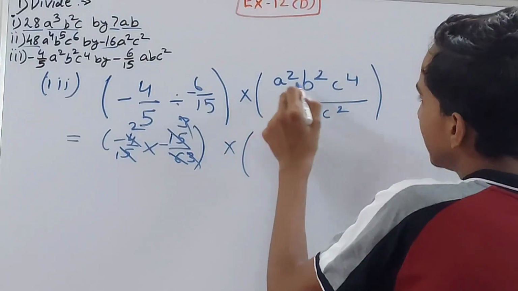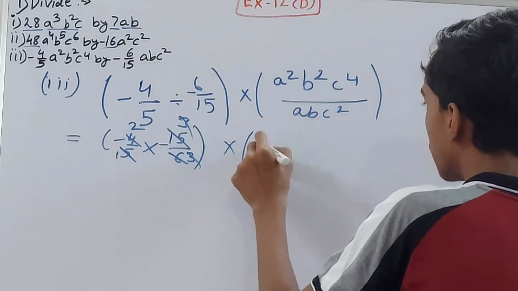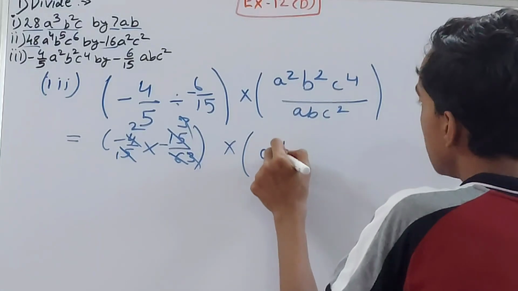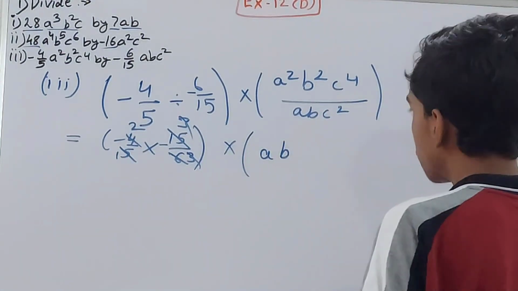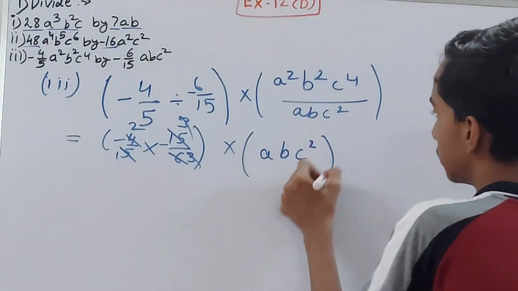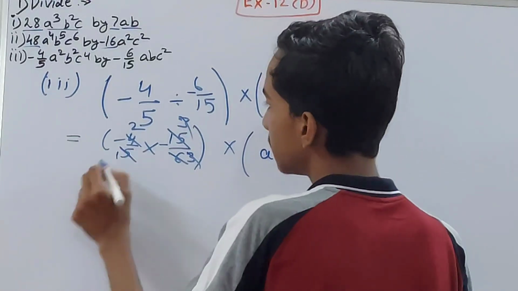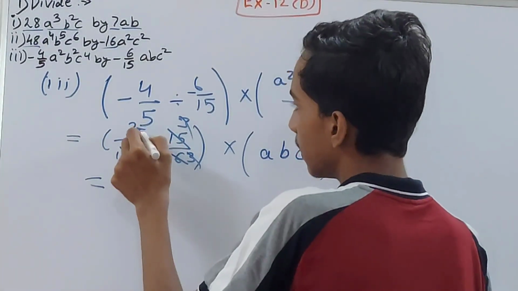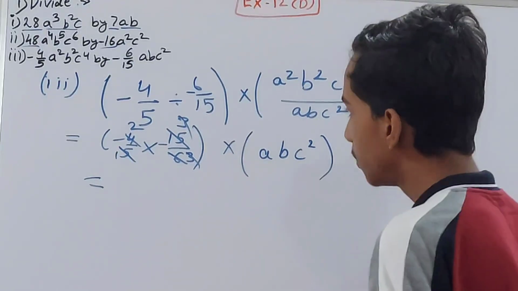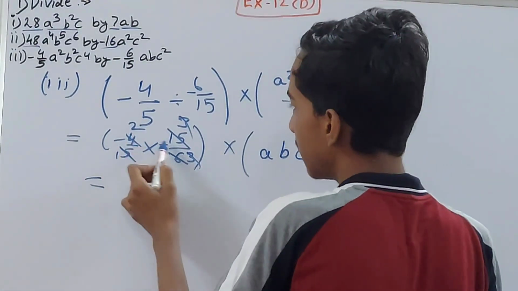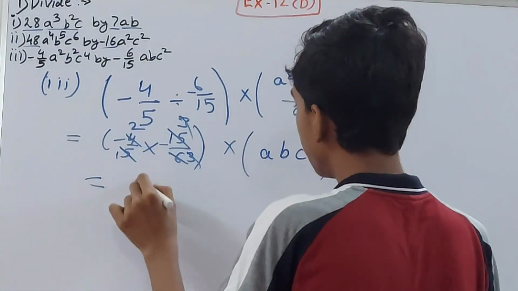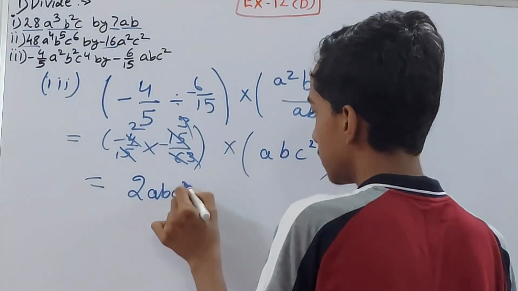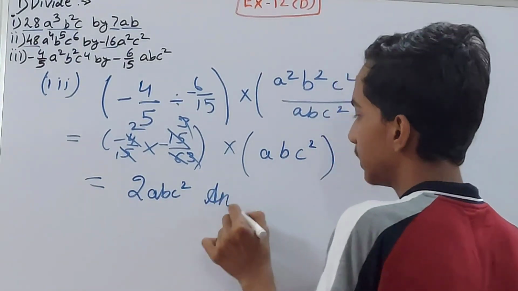Variable part, a square and a, so 2 minus 1, so simply a. b square and b, so 2 minus 1, b. c to power 4 and c square, so c square here also. So you have minus 2 into minus something, so minus will become plus, and here we will have 2, and this variable part will come here, 2abc square. So this will become the answer.